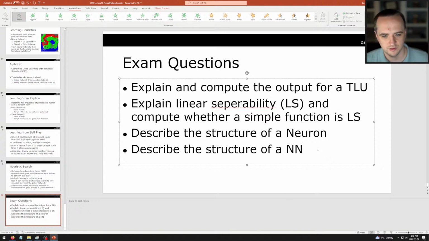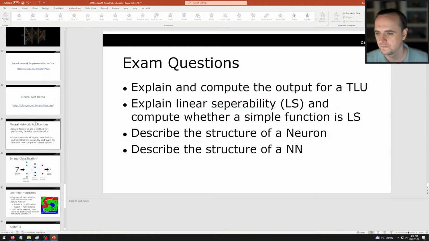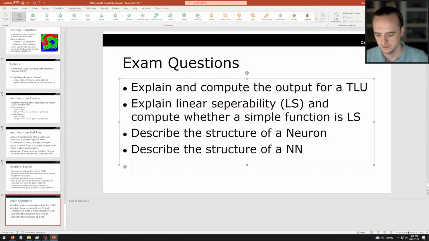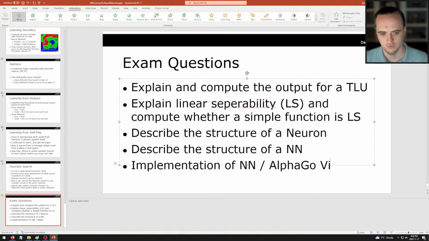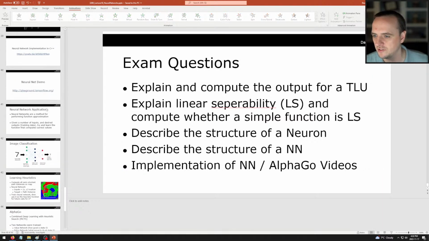What else? The implementation of neural net / AlphaGo videos could be on the exam.